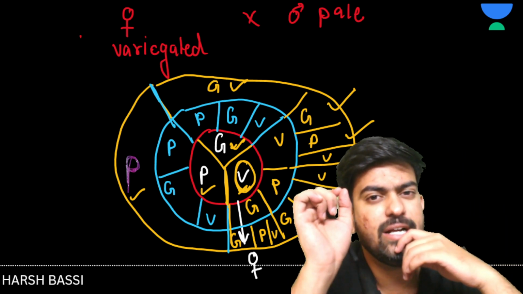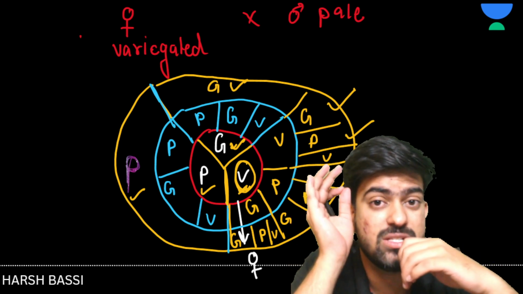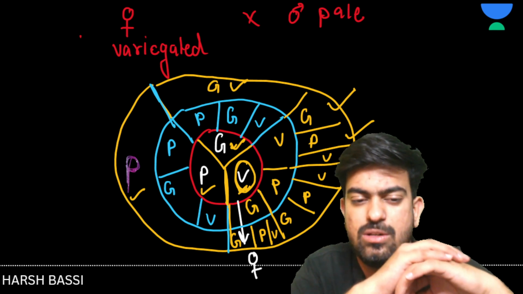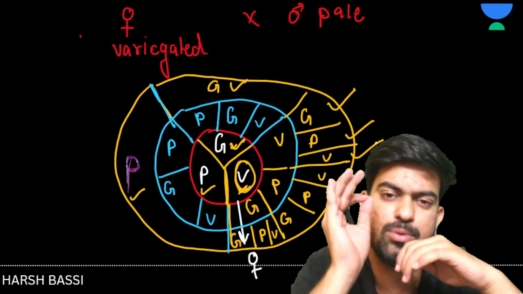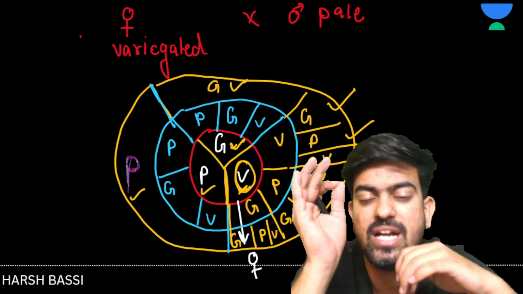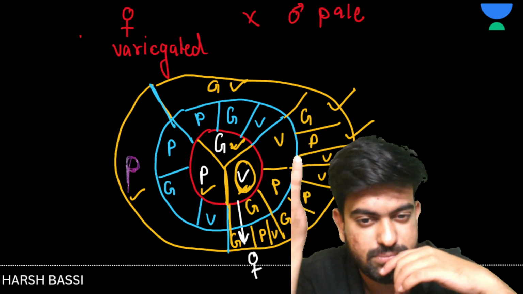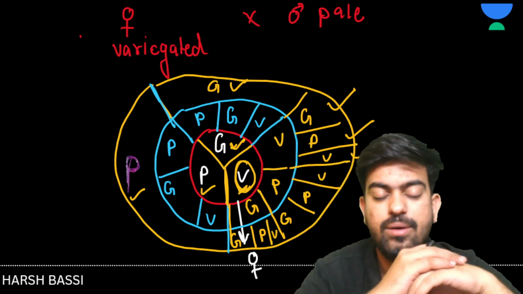During the variegated condition we have other possibilities also, but when the female is green or just pale, the other possibilities are zero. If the female is green, the progeny will be green. If the female is pale, the progeny will be pale. If the female is variegated, then the progeny can be green, pale, or variegated. Okay, clear? Okay, sir.